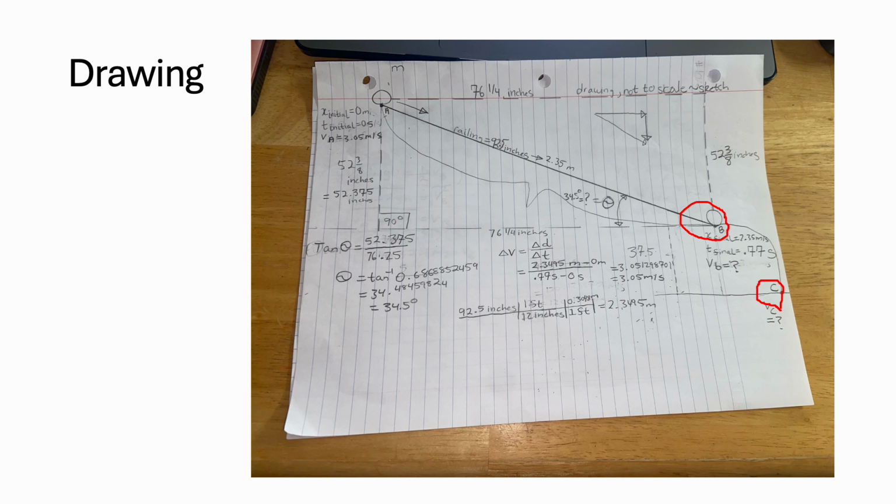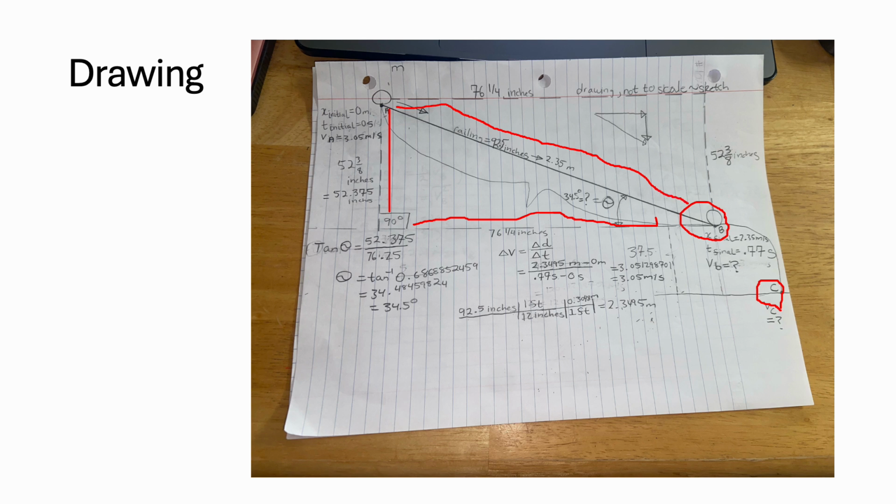So we know that because this height is 52 and 3/8 inches, and this length is 76.4 inches, we're able to find the total distance of the railing, which would be the displacement, which is 2.35 meters.